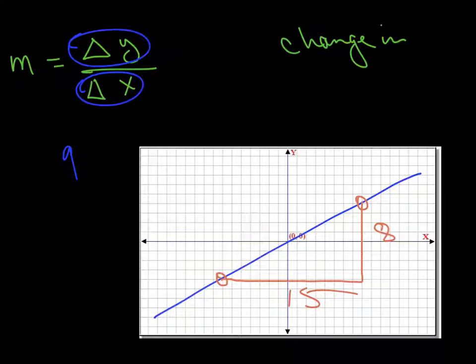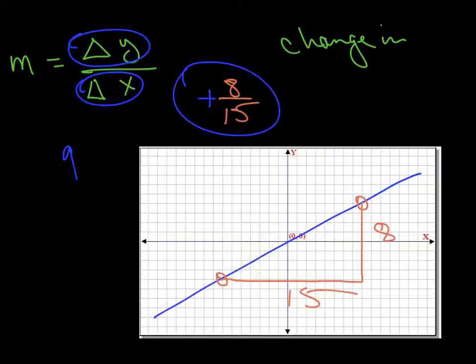I put my up and down number over my left and right number. Then I see that my line goes from left to right, uphill, and that means it's positive. So my slope is 8 over 15.